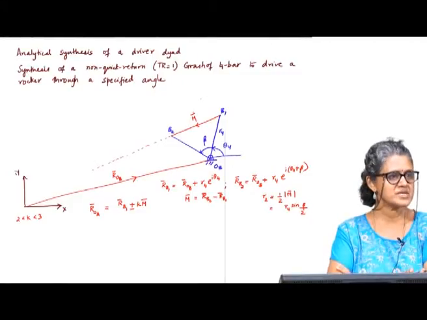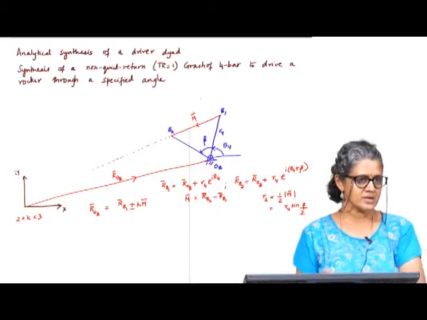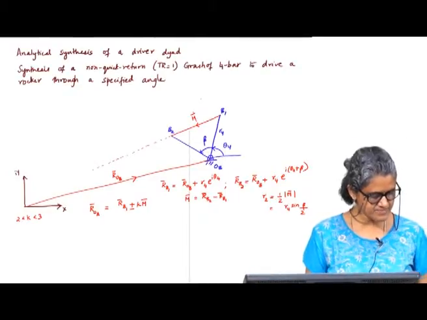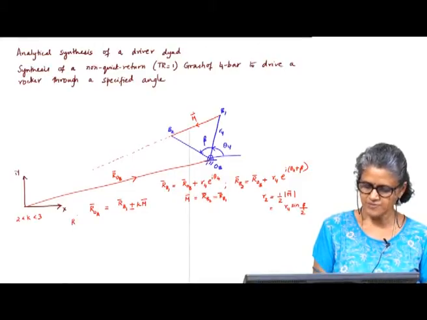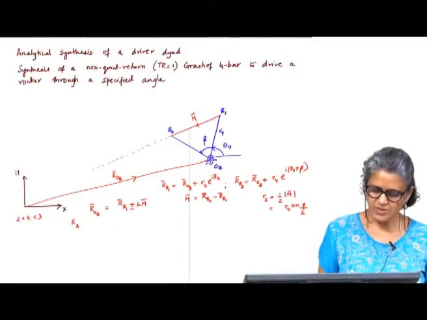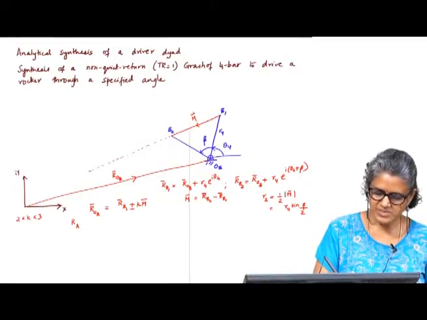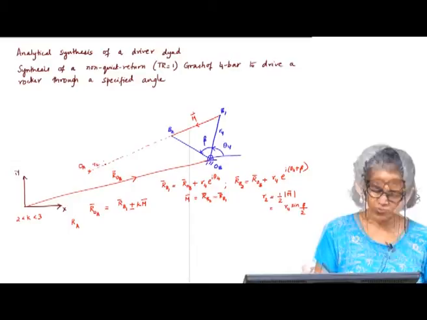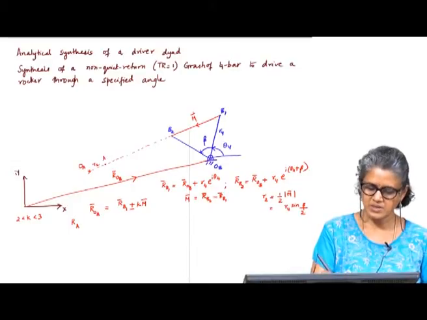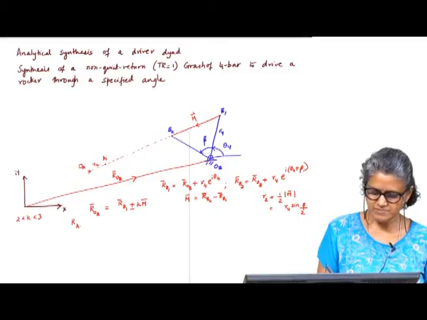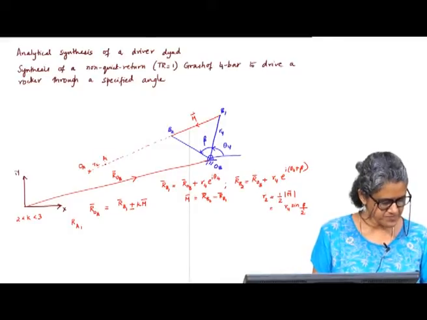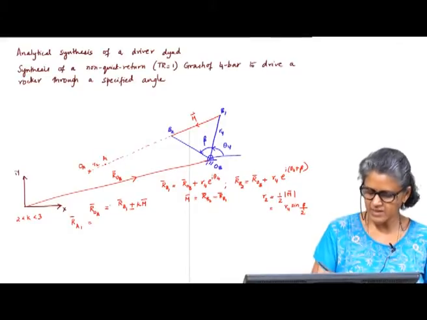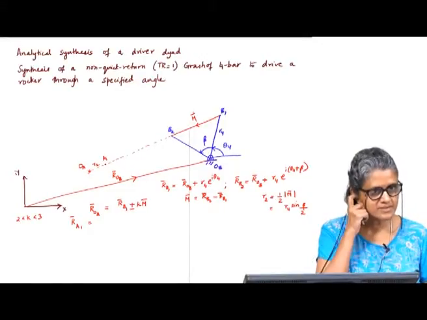So, now do I have everything I need? I have found OA, and I know my crank length. The only thing left is RA. If my OA is somewhere here, this is R2, and that would be A1. So, RA1 will be, if I find the unit vector along that line, R of this minus R2 along that line.